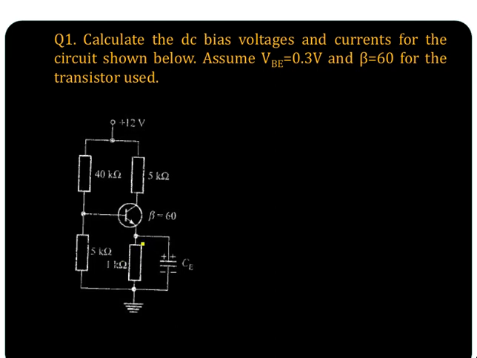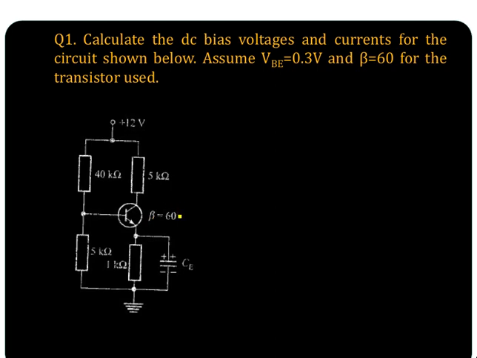In order to avoid that, to bypass the AC signal to ground, you are connecting a capacitor here, so that RE comes into effect at the quiescent or DC condition only. The signal will not be affected if you connect a capacitor across this resistance.